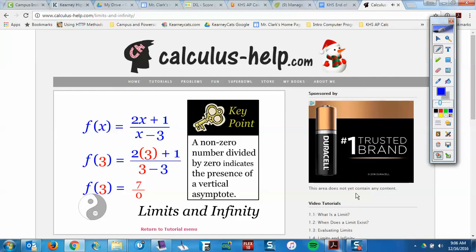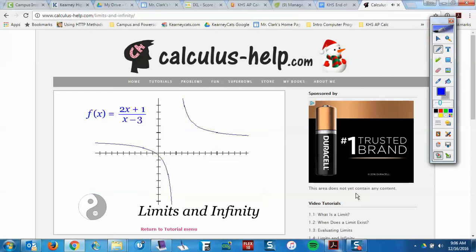Well, that's bizarre, I know, and it indicates something important. In fact, whenever you substitute a number into a function and get a non-zero number divided by 0, it indicates the presence of a vertical asymptote. And this holds true for this function. Let's take a look at the graph of f at x equals 3. Now remember, an asymptote is a line which a function cannot reach. Here we have an asymptote at x equals 3, because when we plug 3 into f, we got a constant divided by 0.